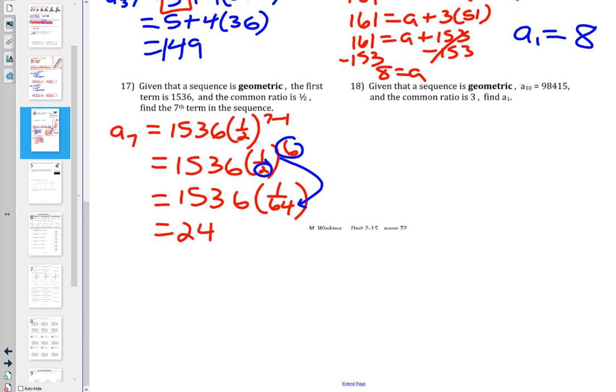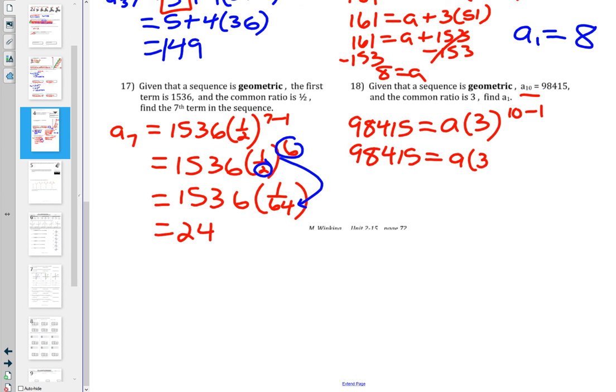Let's see. All right. Given that a sequence is geometric, they give us the 10th number. So I'm not going to write a sub 10. I'm going to write 98,415. They want us to find A1, so I've got to let that be my variable. That's what I'm looking for, times the common ratio to the n minus 1. But here they tell us that the n is 10. So 98,415 equals A times 3 to the 9th. 3 to the 9th.